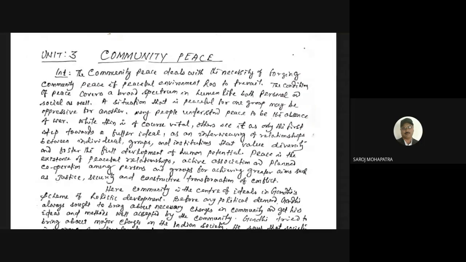So peace is the existence of a peaceful relationship, association and planned cooperation among persons and groups for achieving greater aims such as justice, security and constructive transformation of conflict.